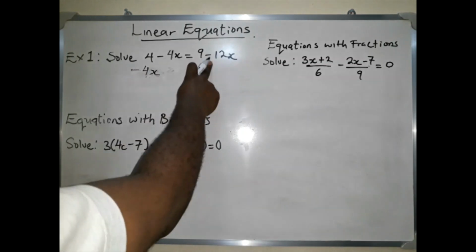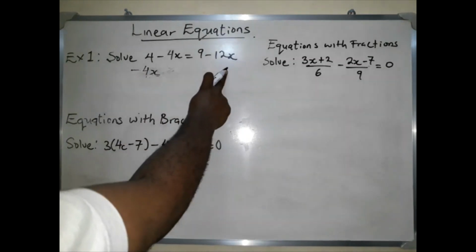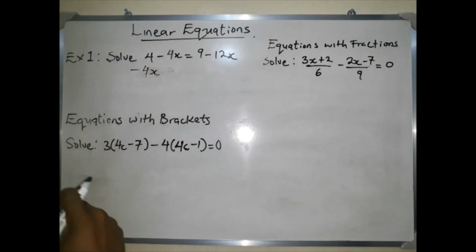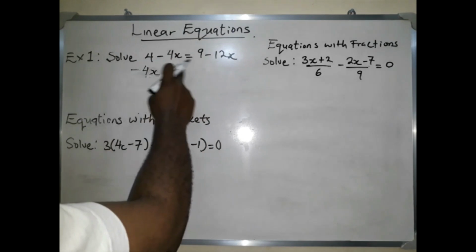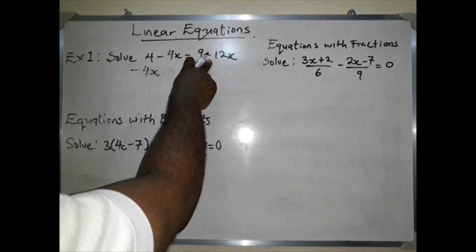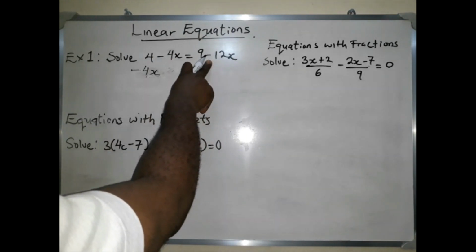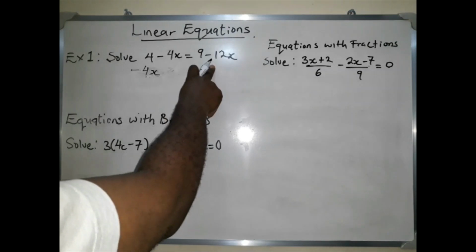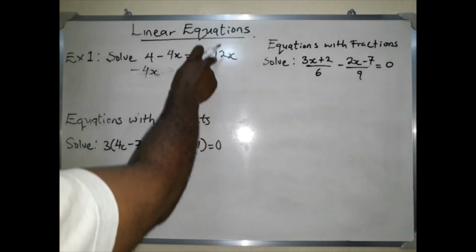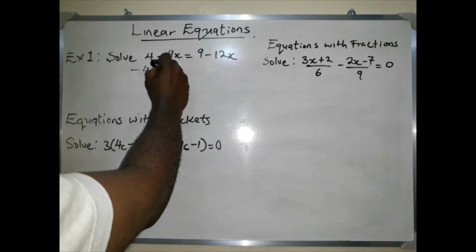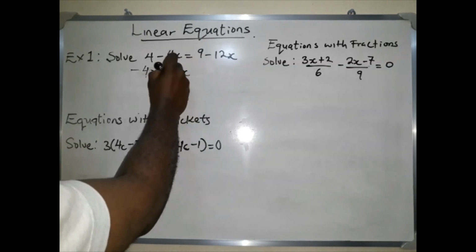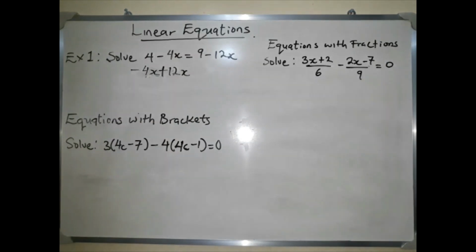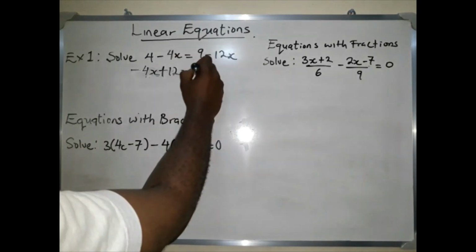So I now move minus 12x to the left hand side, and when I move minus 12x to the left hand side, this value of minus will change to plus. So when this minus 12x moves to the left hand side, it now becomes plus 12x equals.